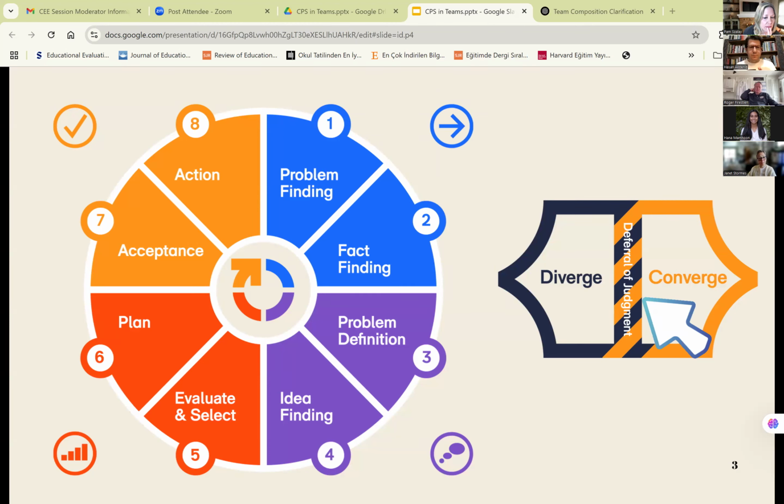No. It's still the same picture. This is strange because when we were rehearsing, all the slides were changing. Yes. It's strange to me. I'm changing the slides.